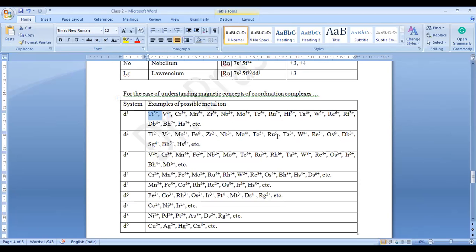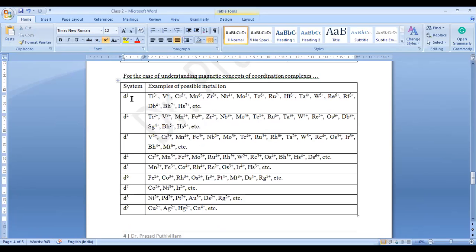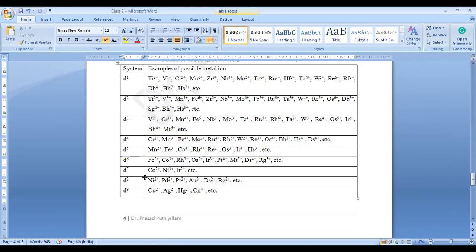Therefore, we can take a screenshot of this so that it will be easy. Whenever we calculate for a given coordination complex, if the oxidation state of Fe is 6+, 6+ is a d2 system. Usually we won't discuss d1, d2, d3 as such.